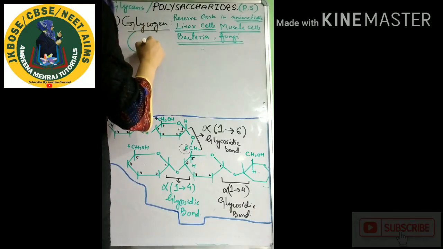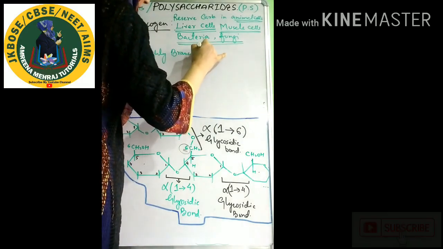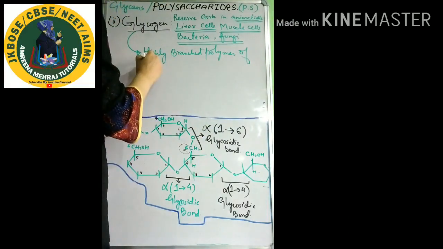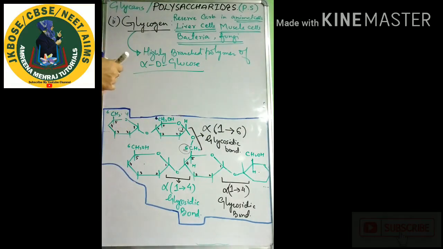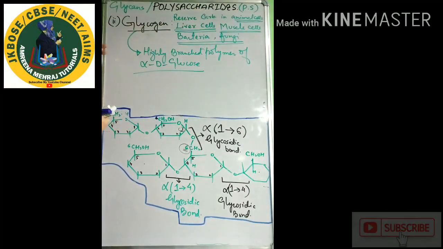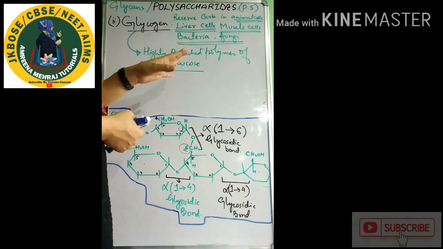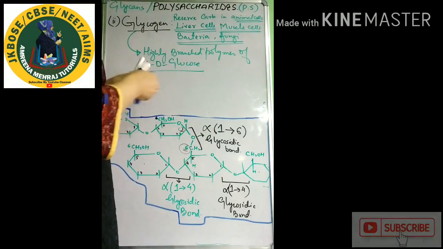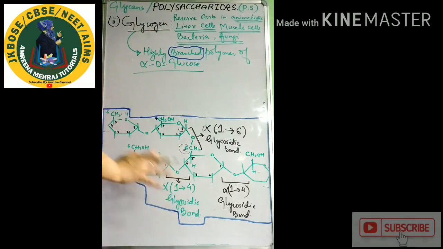You will find that glycogen is a highly branched polymer of the same alpha D glucose. As you know, your starch was made up of two things, amylose, plain chains, and amylopectin, which were branched. Glycogen is not made up of two types of polymers. It's again made up of alpha D glucose, but this alpha D glucose is present in branched form, that means a form which is similar to amylopectin.